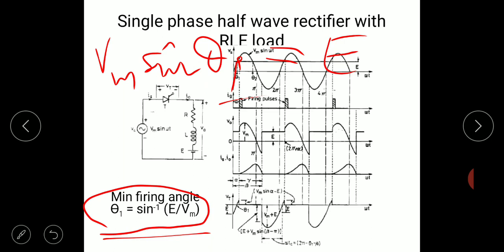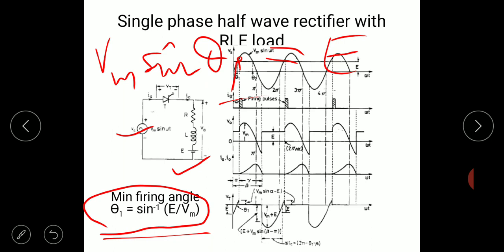Here we have two supplies. One is Vm sin omega t. Vm sin omega t in the positive half cycle will result in positive I0, positive current, but this back EMF capital E will result in negative current. So when we are considering this second steady state component due to capital E, we will take it with a negative sign.